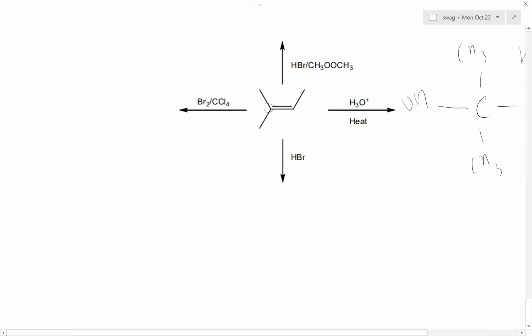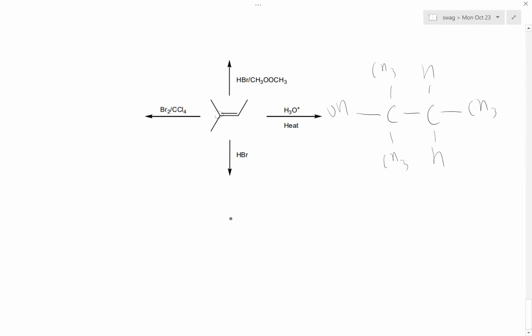All right. What about, let's go down. What does this reaction do? It adds Br. Where does it add the Br? First carbon or second carbon? First, yes. Because here we don't see peroxide, so that must mean it's Markovnikov. So it's going to add to the more substituted position.